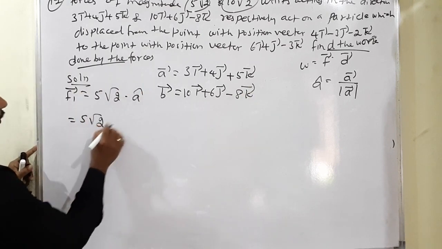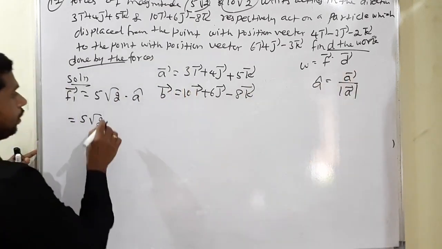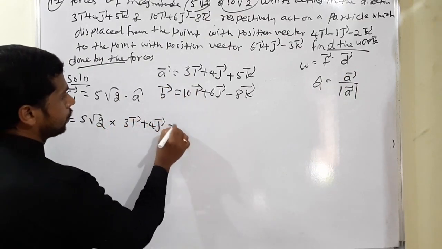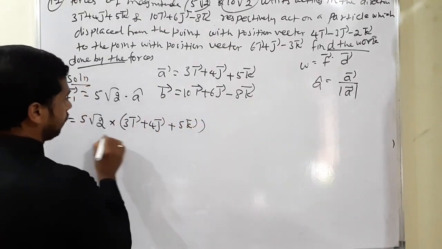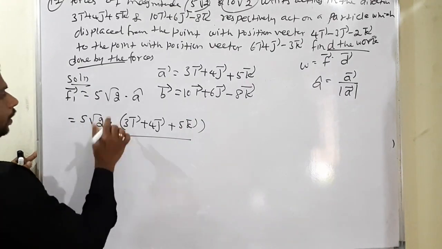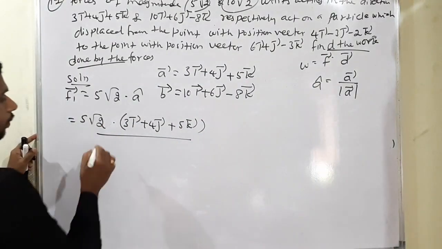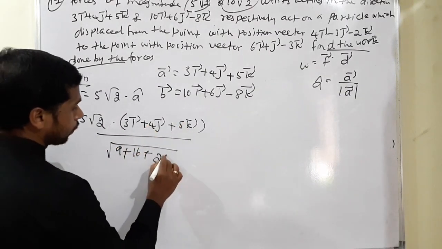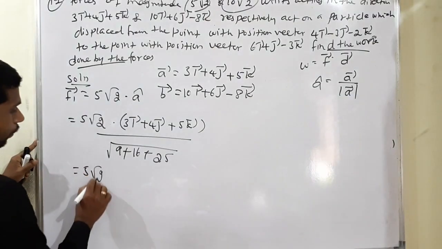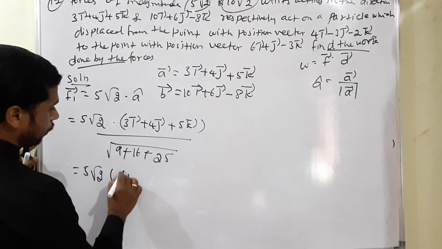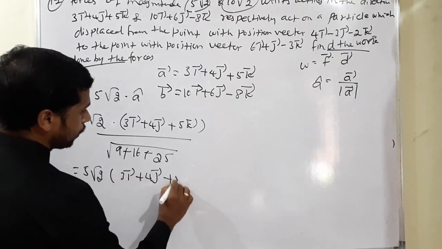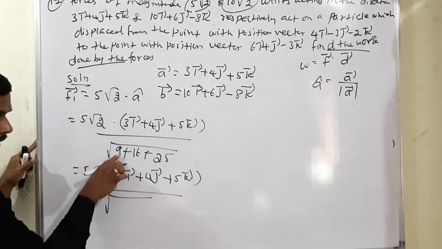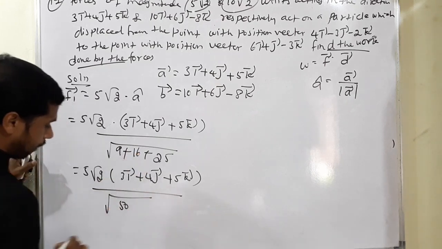So again, 5 root 2 into A cap. A cap means A vector divided by modulus of A vector, that is 3i vector plus 4j vector plus 5k vector divided by the square root of 3 square, which is 9, plus 4 square, which is 16, plus 5 square, which is 25. 9 plus 16 is 25, and 25 plus 25 is 50.